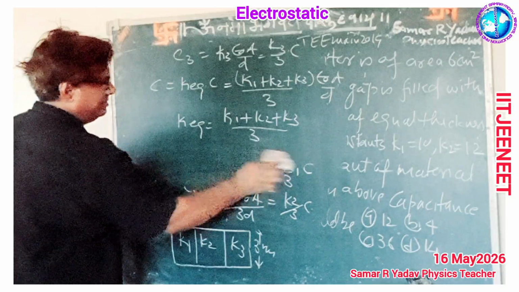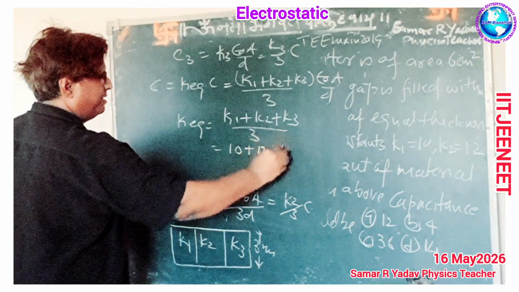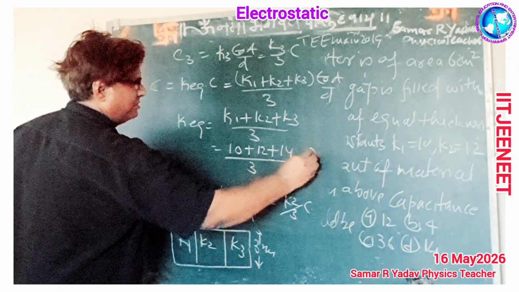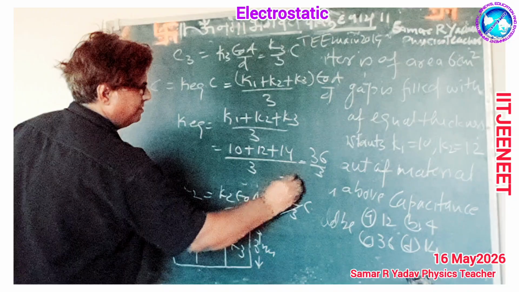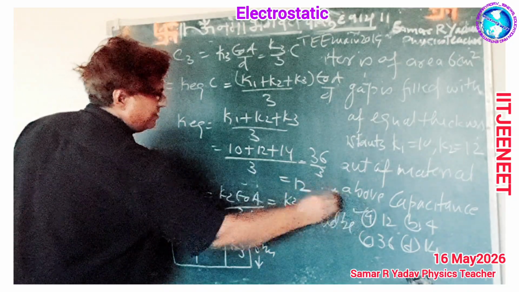Keeping the values, 10 plus 12 plus 14 divided by 3 is equal to 36 by 3, which is equal to 12. So the correct option of this multiple choice question is A, 12.